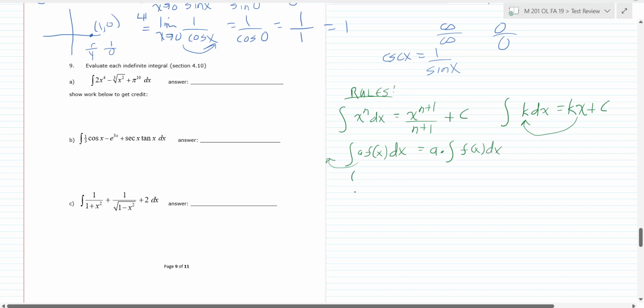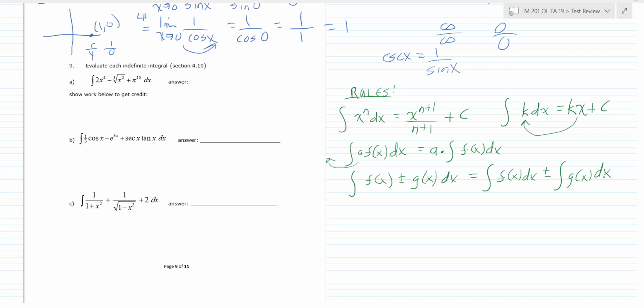Another thing we learned is if you have two functions added or subtracted, and that can be more than two functions, then you can split this up into two integrals. All of these rules that we learned come from properties of limits. You remember your properties of limits; well, integrals work pretty much the same way based on that.